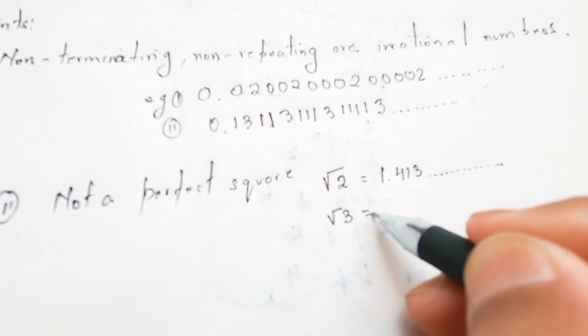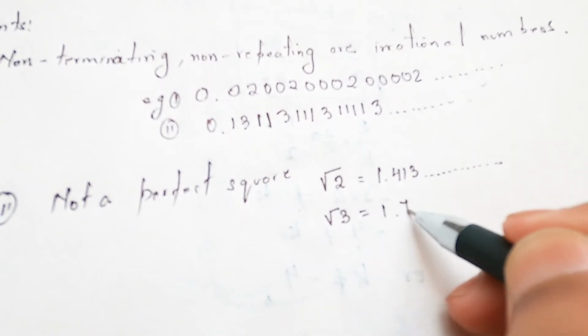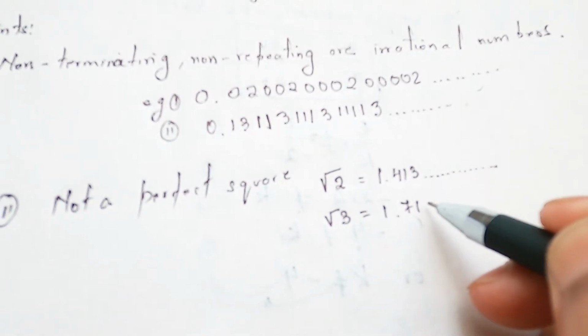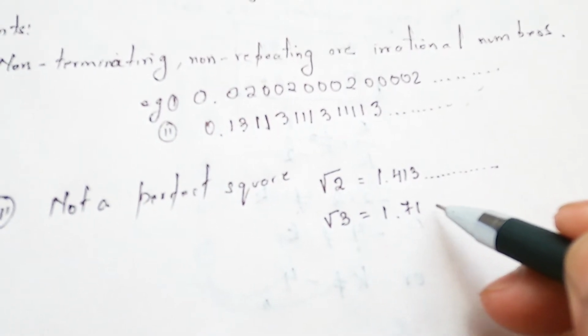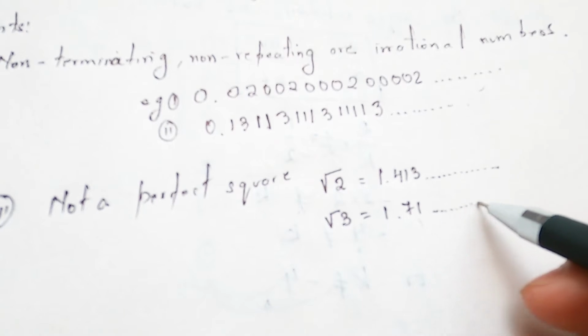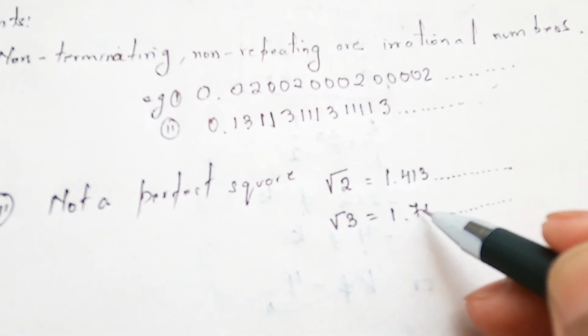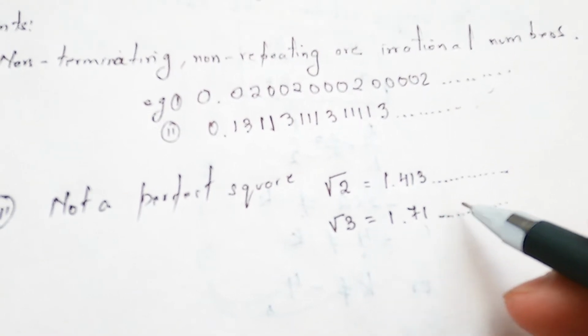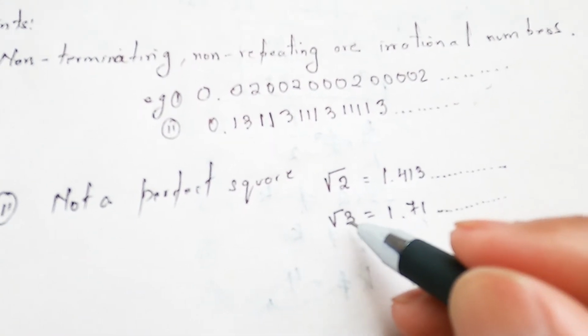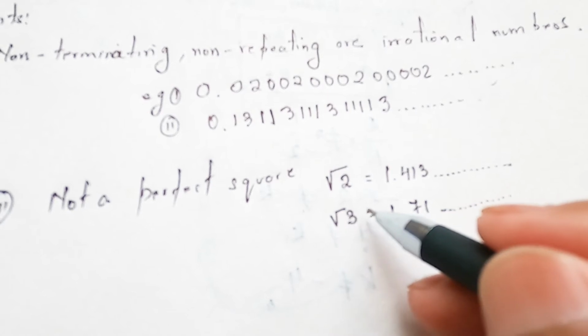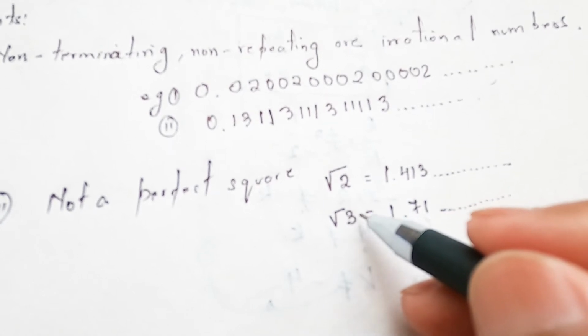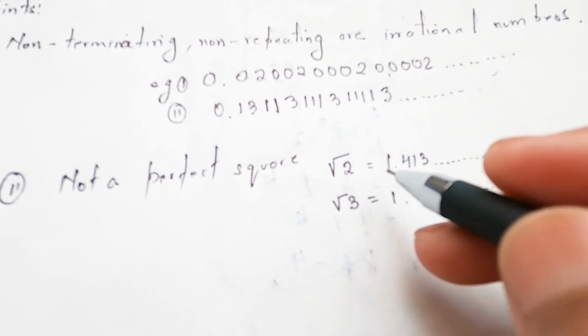Root 3 also will be 1.73 something, non-repeating, non-terminating, so root 3 is an irrational number.